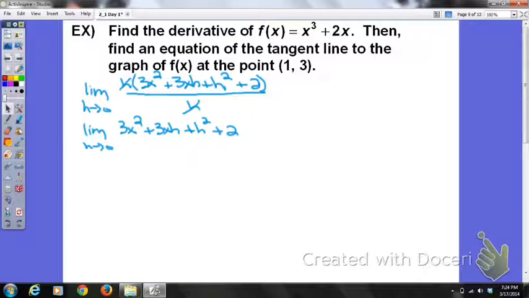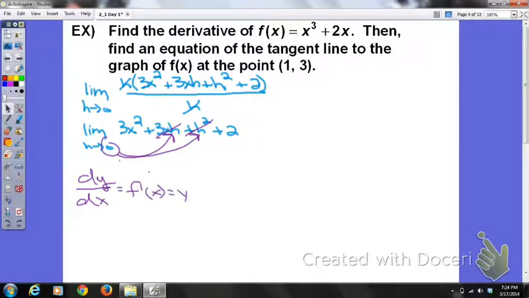When I do direct substitution, I take 0, plug it in for h here and here. Those terms are going to go away. So our limit as h approaches 0, also known as dy over dx, f prime of x, or y prime, all ways that we can indicate derivative, is going to be equal to 3x squared plus 2.